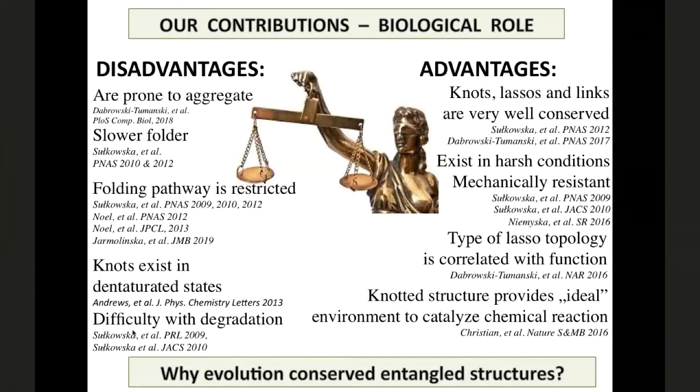And there is also some way that we can say that maybe it is difficult to degrade the knotted protein. If you remember Sophie Jackson's talk from the previous talk, she also mentioned that this is still somehow an open question. Some knotted proteins can be degraded, but not all. But there are also, I think, a few more advantages to possessing a knot.